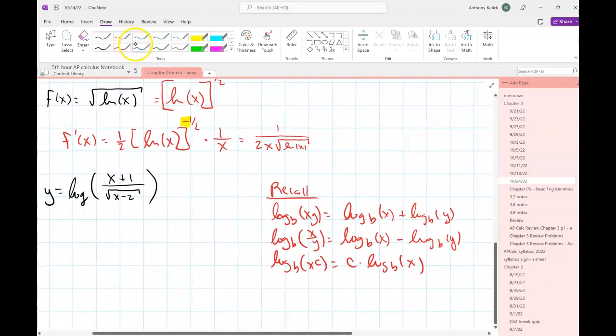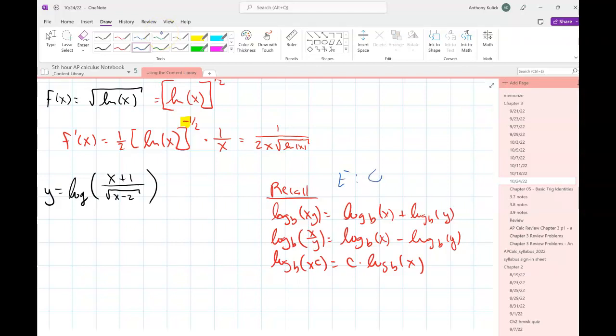So remember, for expanding, the typical order we go, unless there's a parenthesis indicating some other kind of order of operations, is quotient, product, power. So here, I would start by using the quotient property.